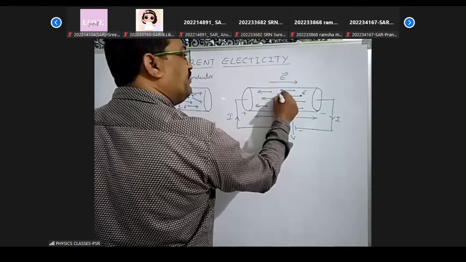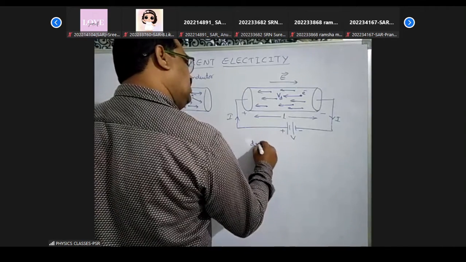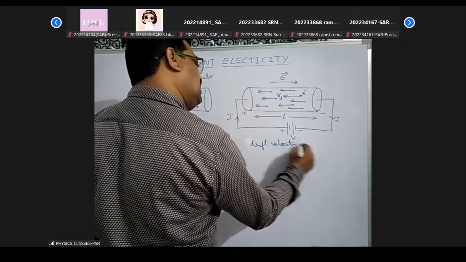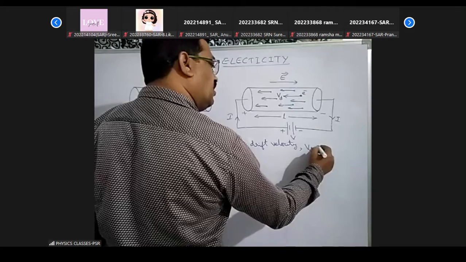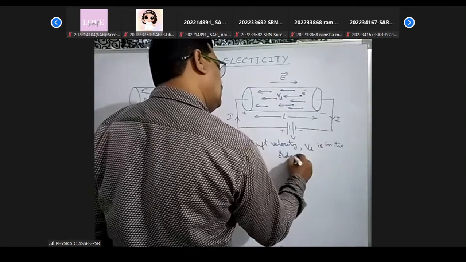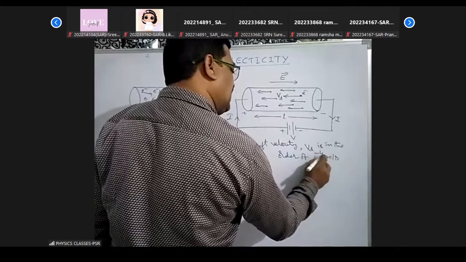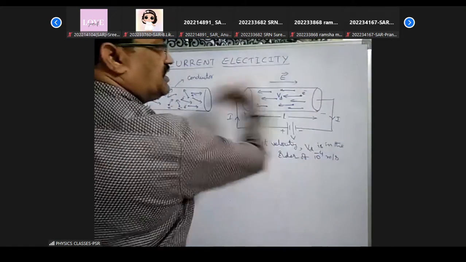This is known as drift velocity, Vd, which is of the order of 10 power minus 4 meter per second.